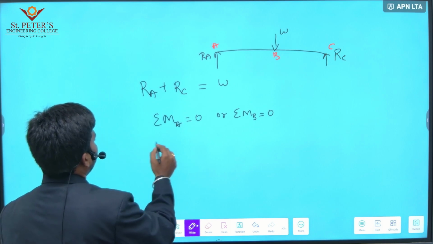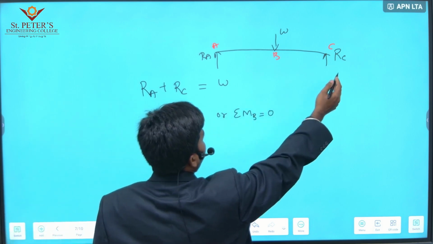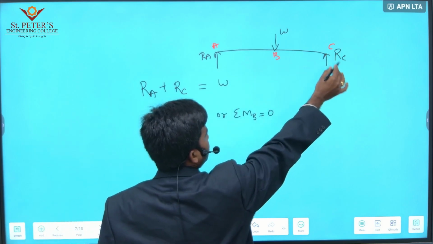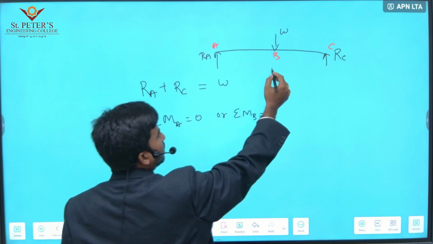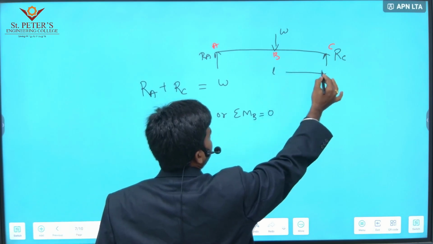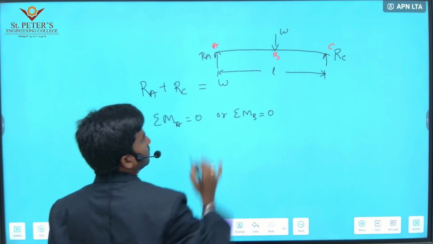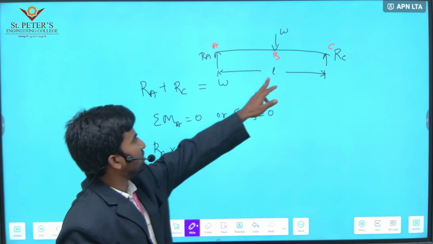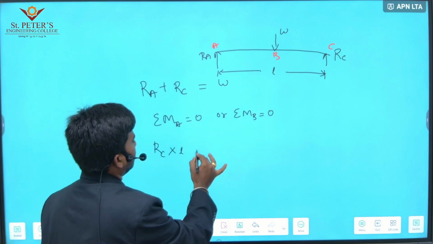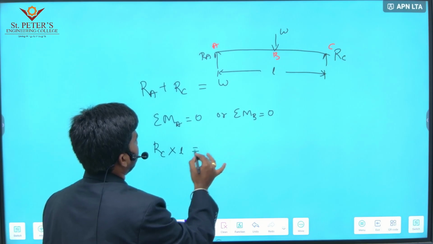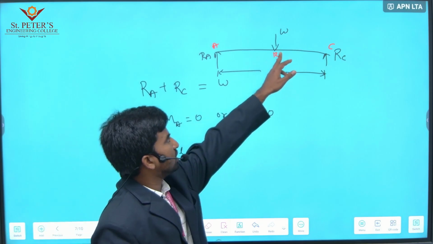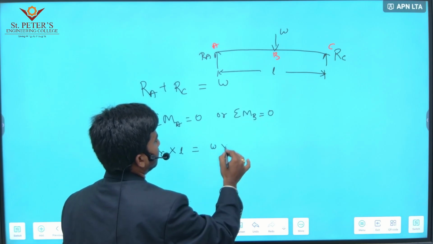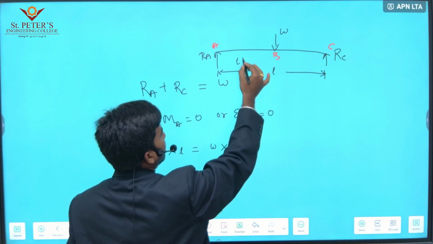Taking from A point, here one upward force RC is there, the force into perpendicular distance, here the span length is L. So RC into L, that equal to the next force, W multiplied with the span length L by 2.